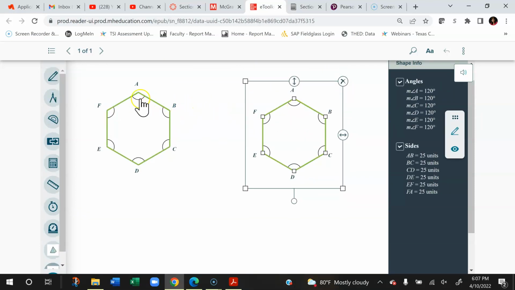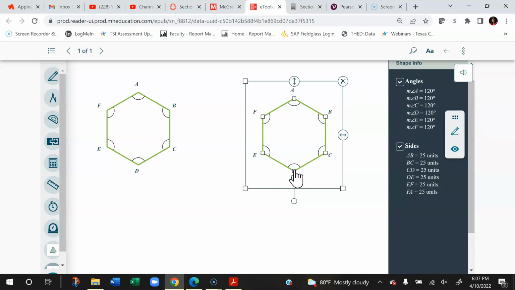Okay, so notice angle A and angle B are actually congruent, because if you look over here at the angles, they're congruent because they have the same measure. So actually all of these angles are currently congruent.